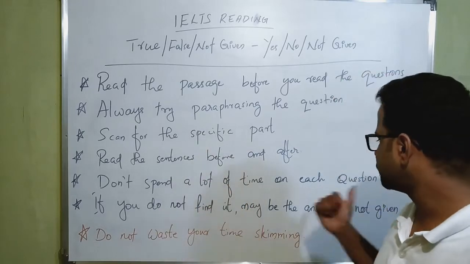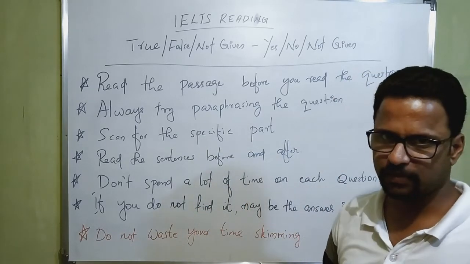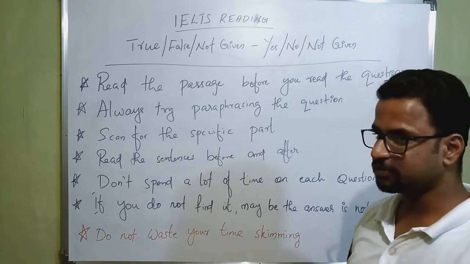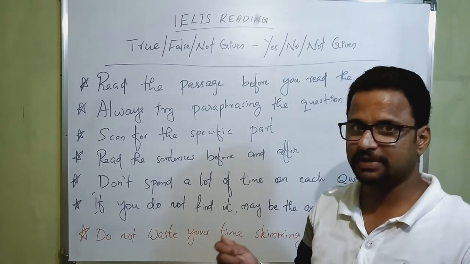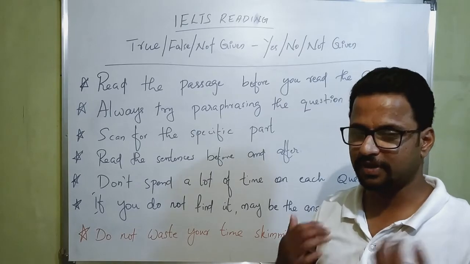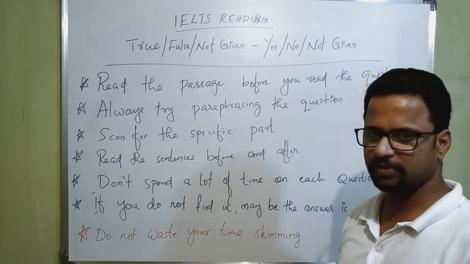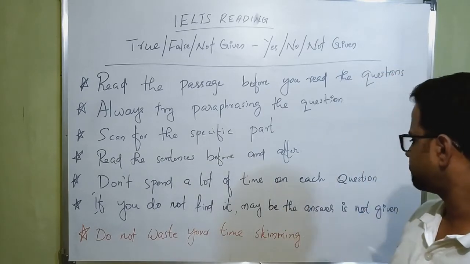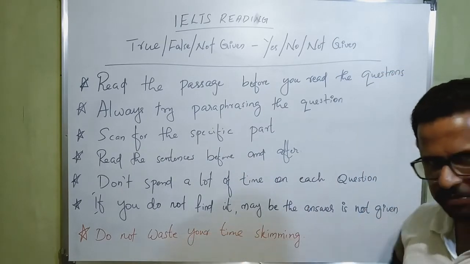So better go for not given, right? So I hope it's clear to you. I mean, not that you just skim and then come to the conclusion it's not given and later blame me, but have a quick read, scan it, and then later if you don't find, go for not given. And I have written something in red.